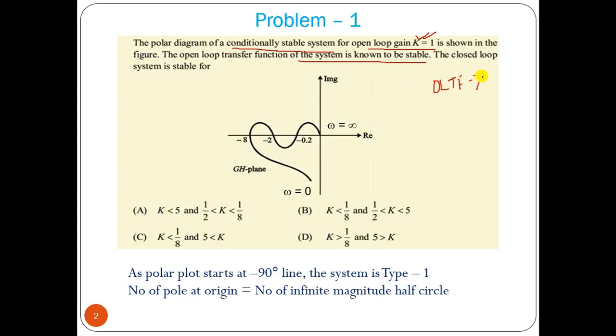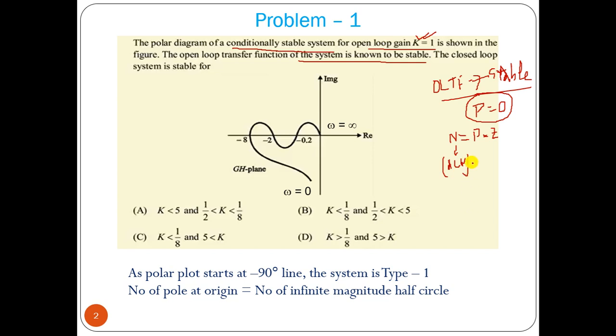That means p equal to 0. There should not be any pole in the right half of the S plane. And we know the Nyquist formula, n equal to p minus z, where n is in the anti-clockwise direction.